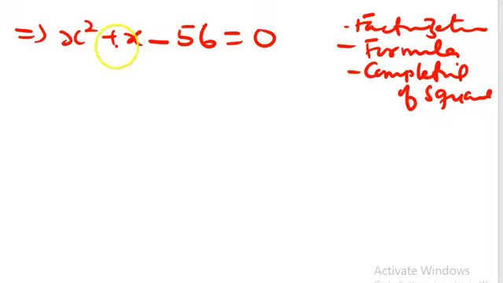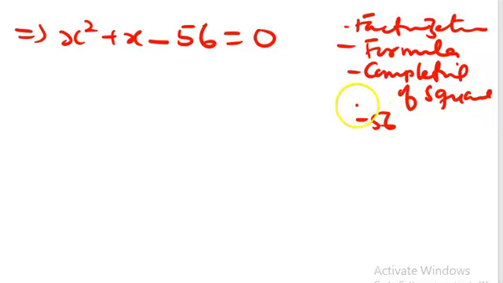Okay. Looking at this one, you can easily use factorization. How do we use factorization? You check the coefficient here, which is 1, times the constant, minus 56. Then we find two factors of minus 56 which, when we add, give the coefficient of the middle term, and when we multiply, give minus 56.